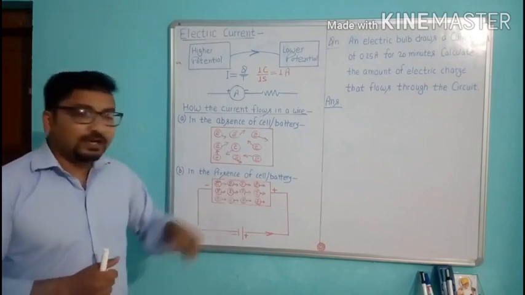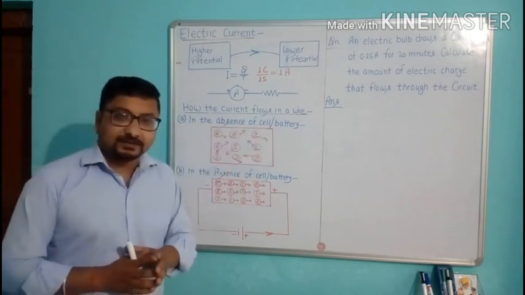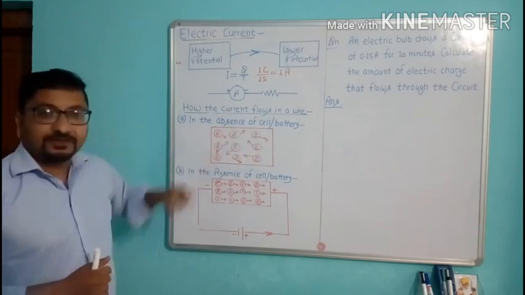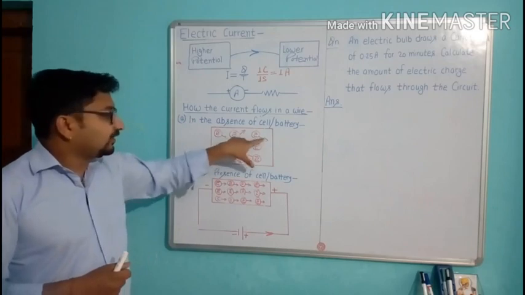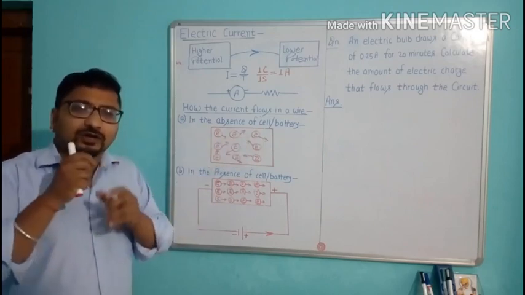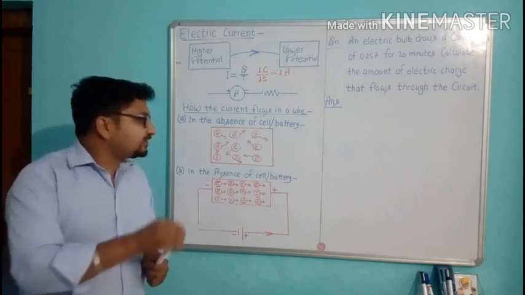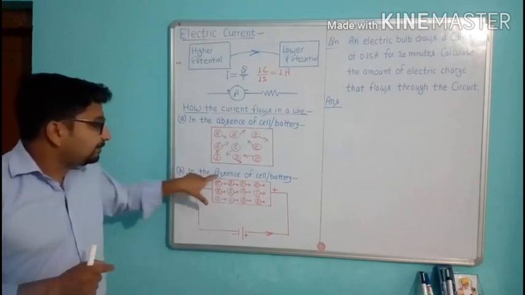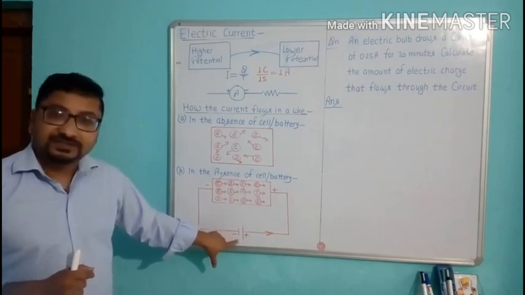In the absence of a cell or battery, electrons inside the conductor move randomly and collide with each other, and give a negligible value of current. You can say current is zero.